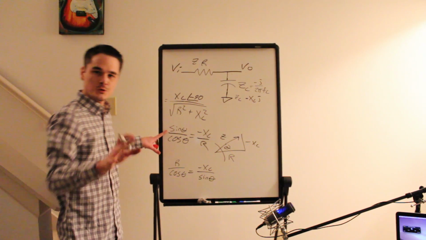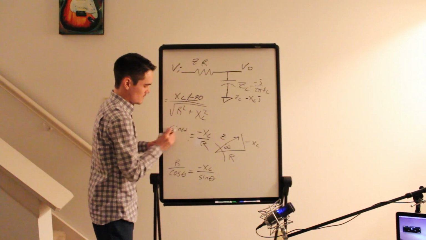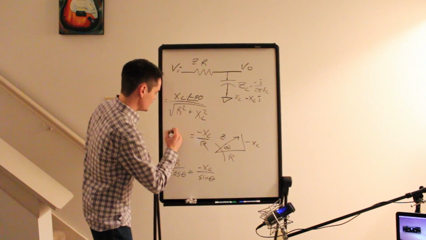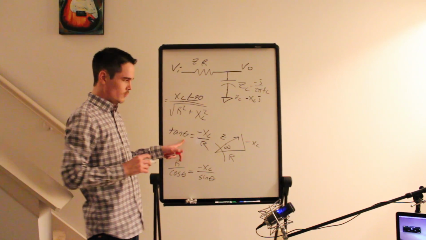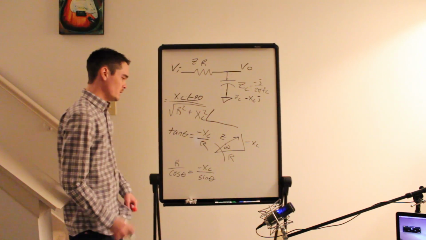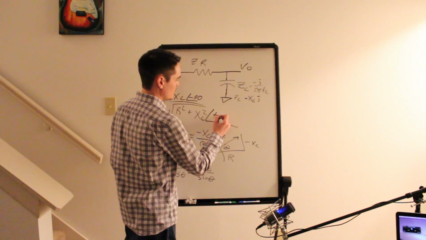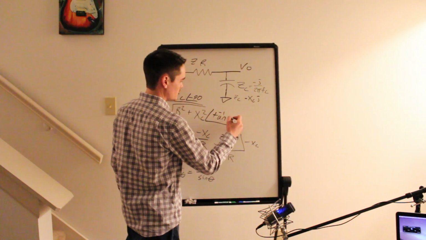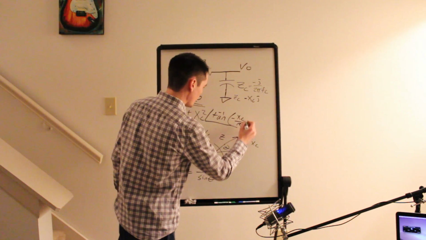But then you should know that sine of theta over cosine of theta is equal to the tangent of theta. We want to solve for the angle though, right? This is a vector. It needs an angle here. The angle then is the tangent inverse of minus x of c over r.